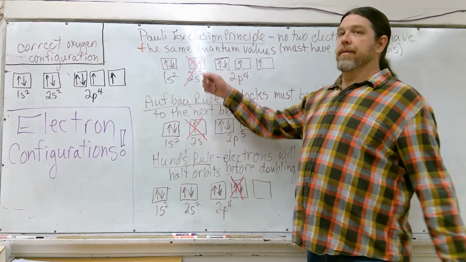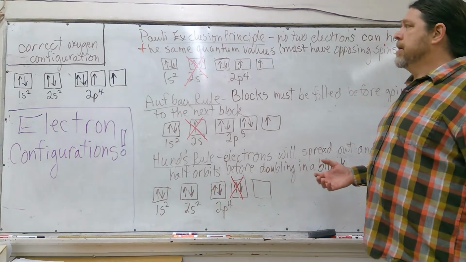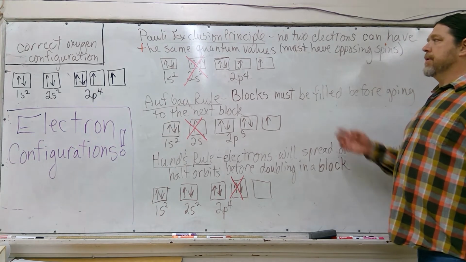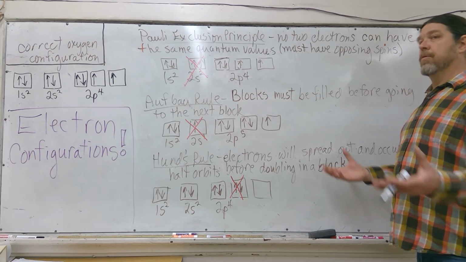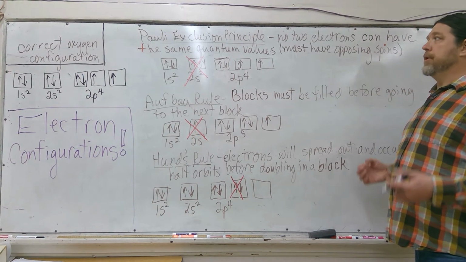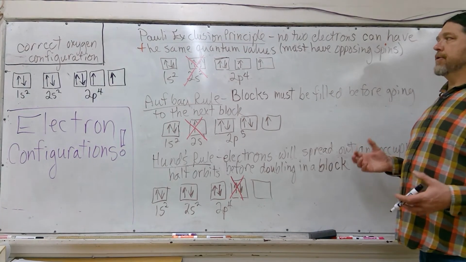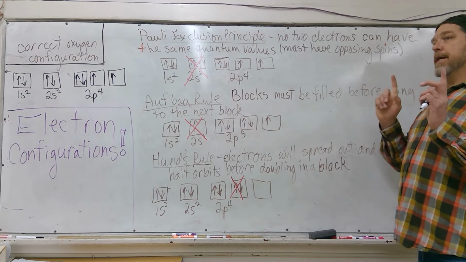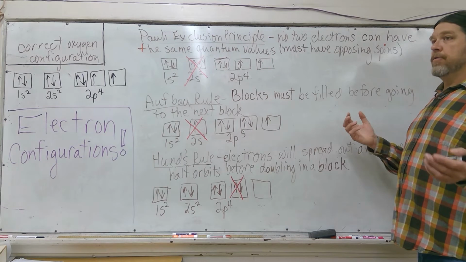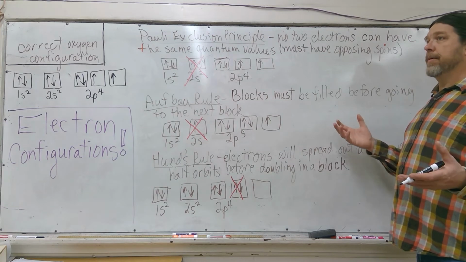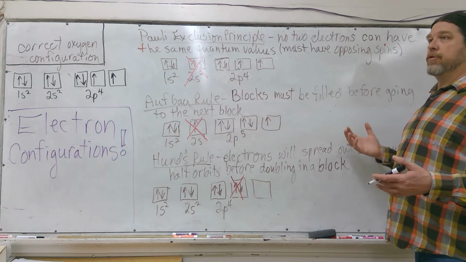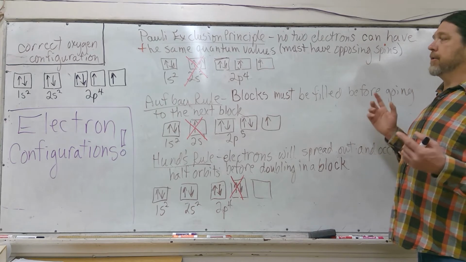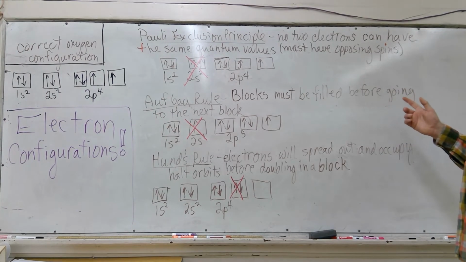We're not going to have 2 up arrows or 2 down arrows. This is in keeping with the more general part of the rule, which is that no 2 electrons can have the same quantum values. If you have the same spin and you're in the same orbital, then you have the same quantum values, which is a violation of that principle.